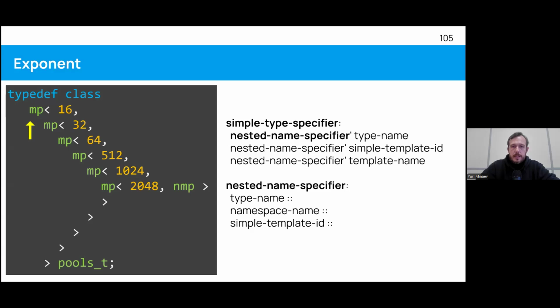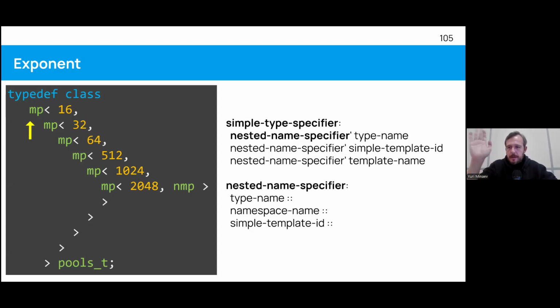What is a nested name specifier? It's a type name, namespace name, or a template ID. I will skip type name and namespace name. The real parser would probably go and check whether it's one of those, but for the sake of this demo, let's just skip them.